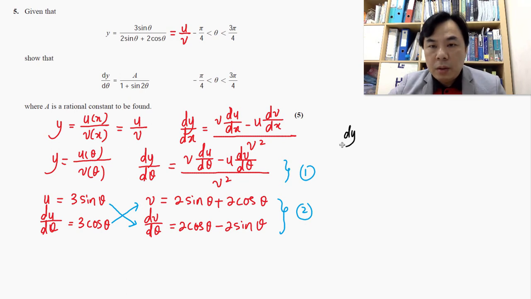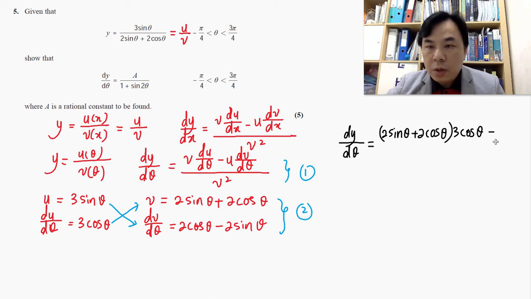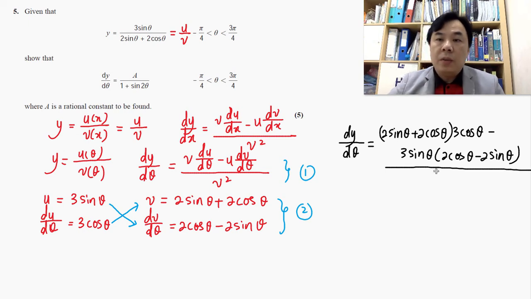Therefore, we can write down our dy/d theta as v, which is 2 sine theta, multiplied by 3 cos theta, and then after that we subtract 3 sine theta, and then divided by v squared. So v squared is here.